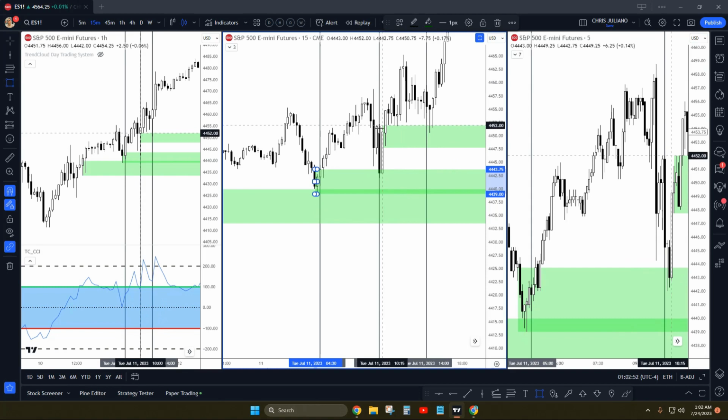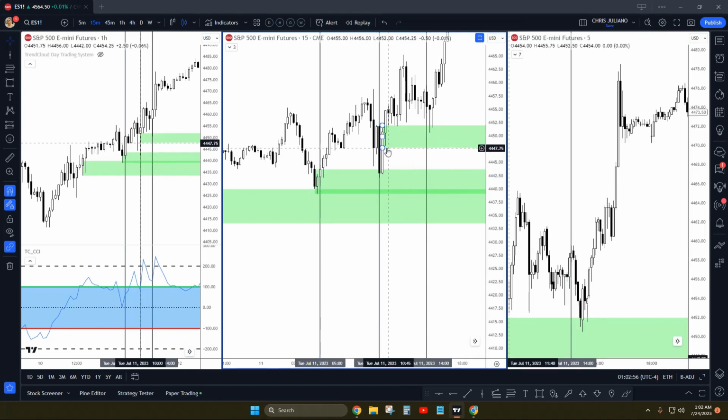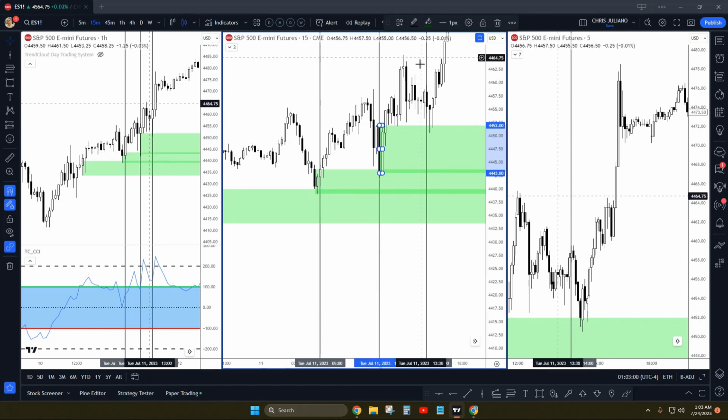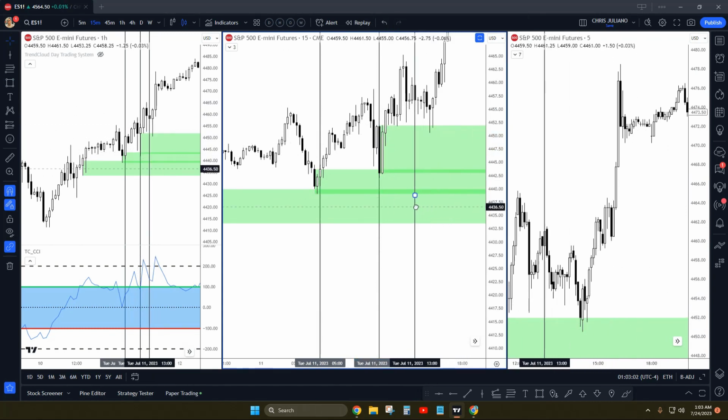This pulled back into this area here, okay? This is a rather large demand zone right here. You'd have to take this whole thing. So you see how everything is pulling back into the blue box without going past the negative 100? That is what you're looking for to use CCI indicators in conjunction with your supply and demand zone trading.